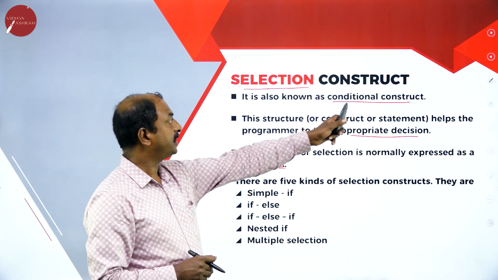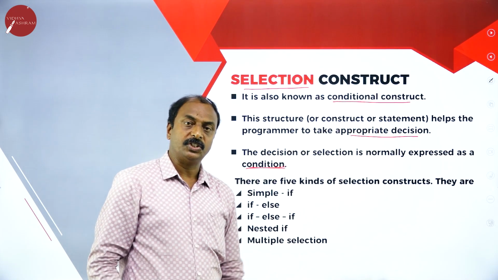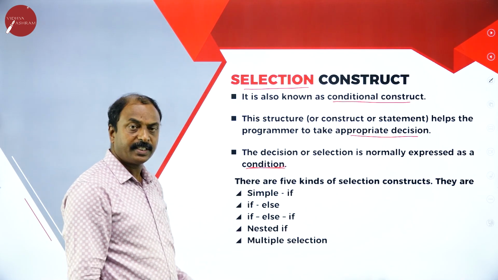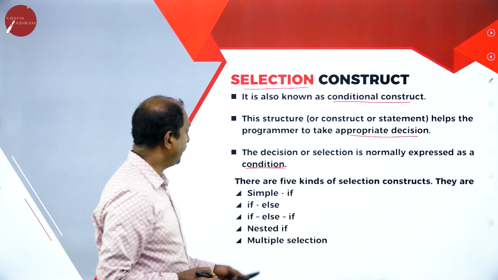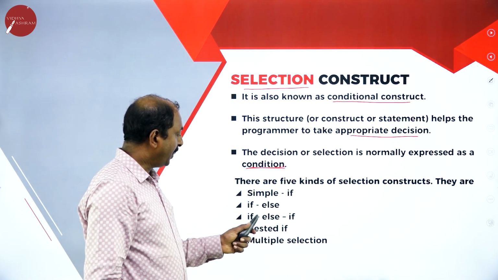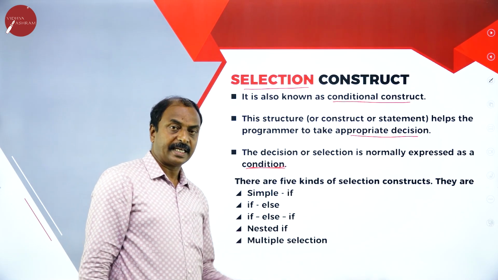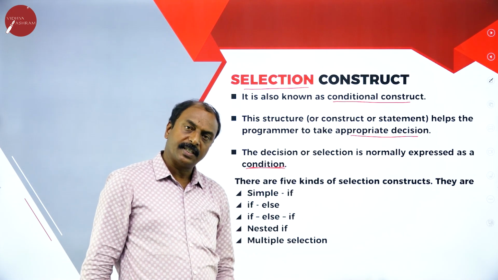So this is known as the selection construct or conditional construct. Here we have different types of selection constructs: simple if, if else, nested if, and multiple selection. These are all different types of selection constructs.